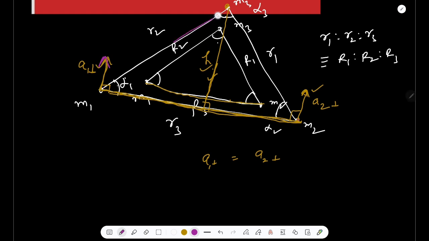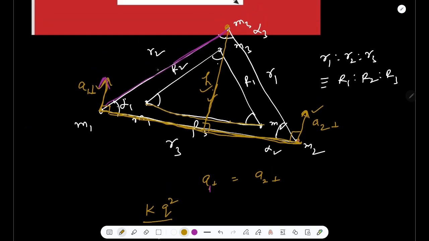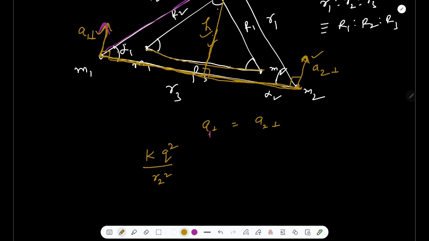Only this force will have a component in this direction, and this can be written simply as a1 perpendicular equals kq square, since the charges on all the particles are the same, divided by r2 square, the distance between them is r2, times sine alpha 1, divided by the mass of the particle, since I'm writing the acceleration.